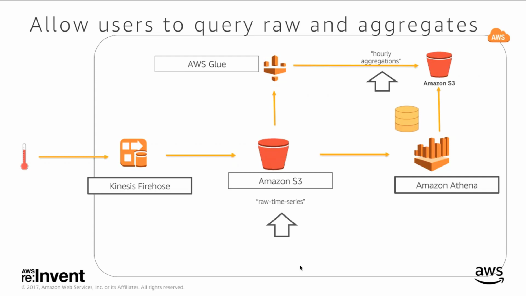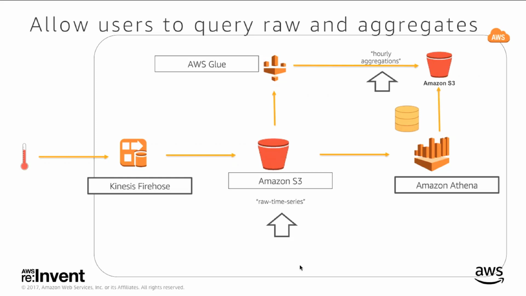Now, Athena is a great SQL tool, so you can create one table that points to the smaller, more near real-time data, but only a portion of it, right? Only the last 24 hours, for example. And I'm going to create another table that represents the historical data that's already been compacted and converted.